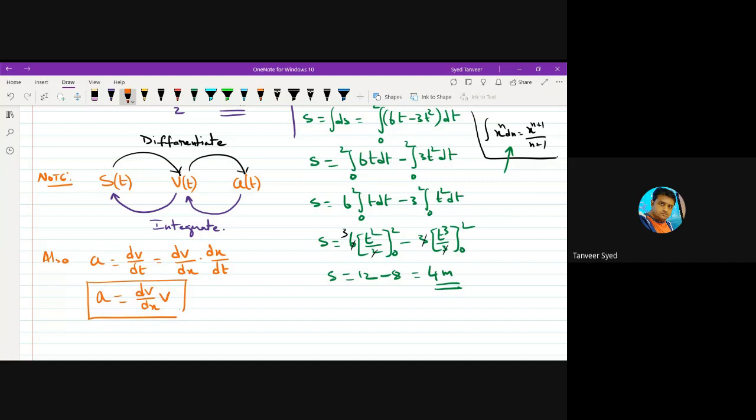So acceleration as a function of position x is a equal to v dv by dx. This is also one formula.